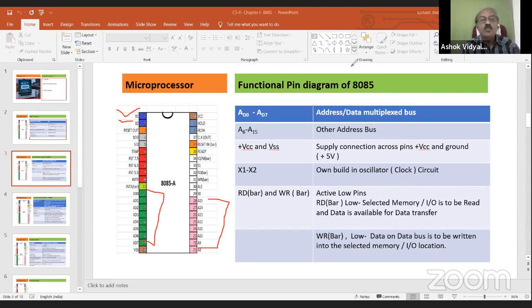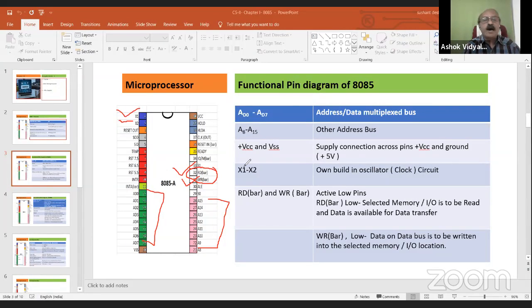Just tell me in the checkbox which pin number is the read RD bar. See here, 32 and 33. So 32 is read bar, RD bar, and 33 is the write bar.